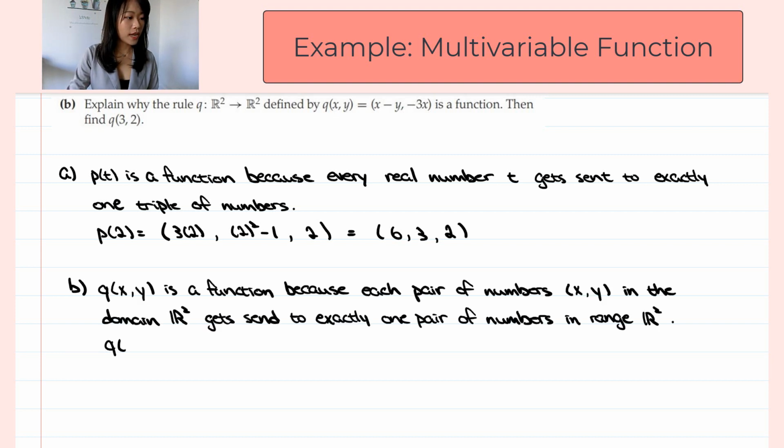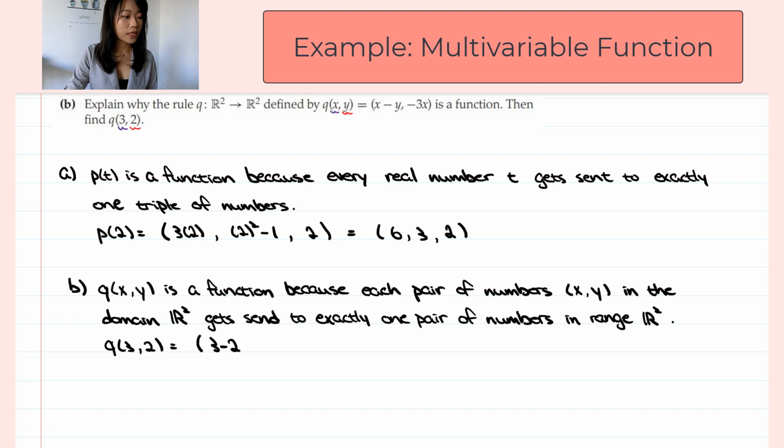Q of 3 and 2. So I'm going to replace x by 3 and y by 2. So the first component would be 3 minus 2. Since in the function I have x minus y, and the x here is the 3, and y is the 2.